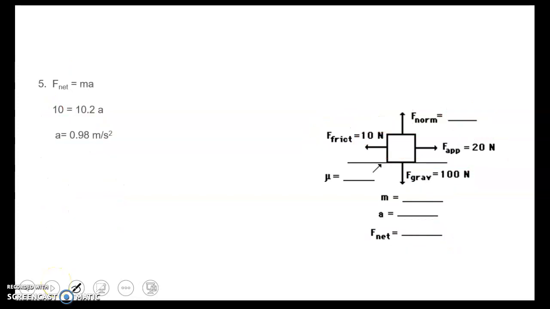Lastly, I find my acceleration. Net force is equal to mass times acceleration, Newton's second law. My net force is 10. My mass from the first part of the problem is 10.2. I solve for a, so I divide both sides by 10.2, and I get an acceleration of 0.98 meters per second squared.